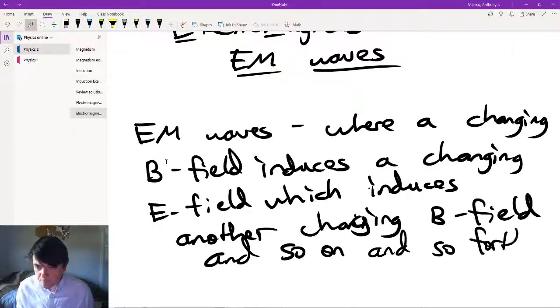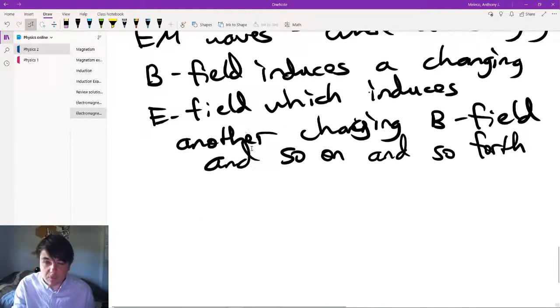Okay? So you get a changing B field or E field, which again then induces the other field. And this can propagate outward depending on the type of wave it is. For EM waves, they propagate, we'll see, at the speed of light when we talk about that.